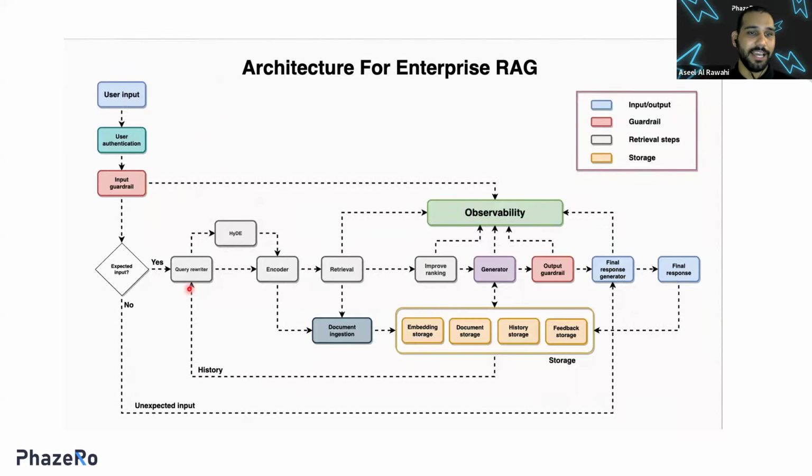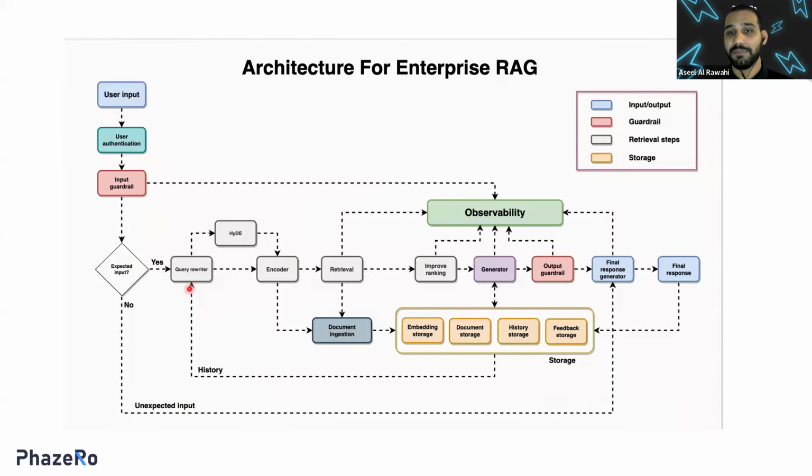And then we have our query rewriter. For example, when dealing with user input, in some cases the user does not provide a lot of context or a lot of information, so the large language model itself is not aware of the user question.